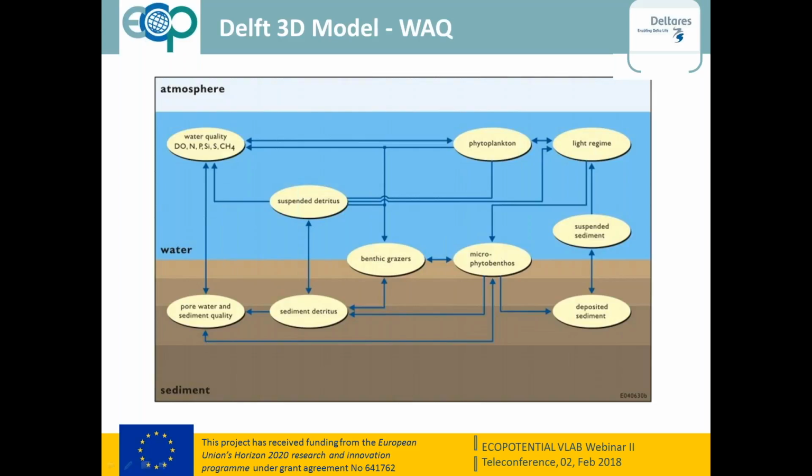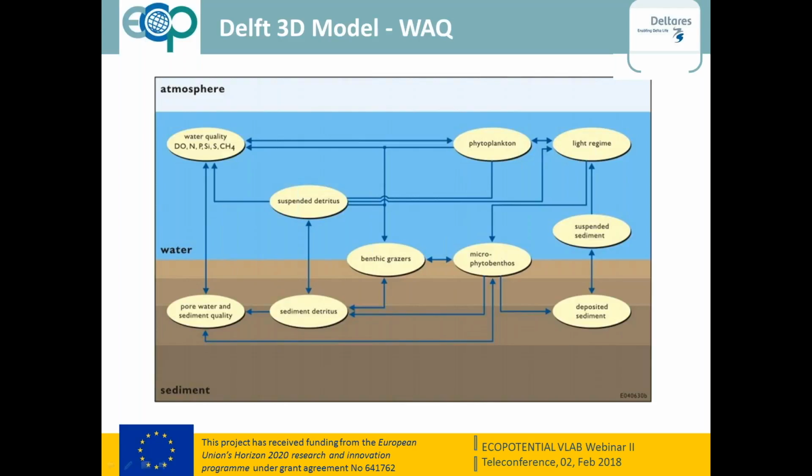And also within the sediments, there are dynamic processes such as benthic grazers and microphytobenthos or other benthic algae, which can uptake deposited nutrients as well as access them from the water.